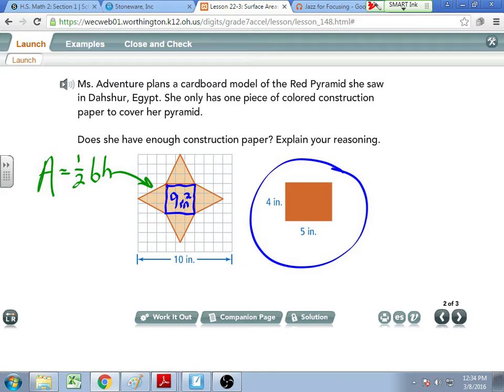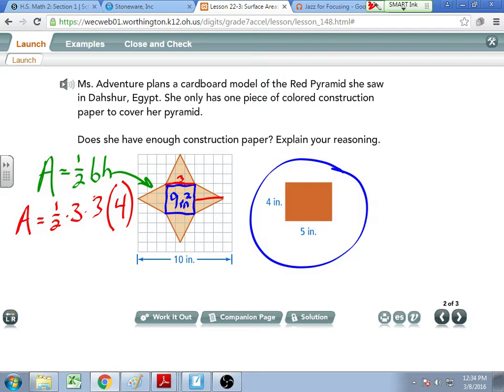So if I look at this triangle, base of 3 and a height also of 3, then we can look at each of them as being 1/2 times the 3 base times the 3 height. But since I have 4 of them, that's then going to multiply by 4 triangles that I have.